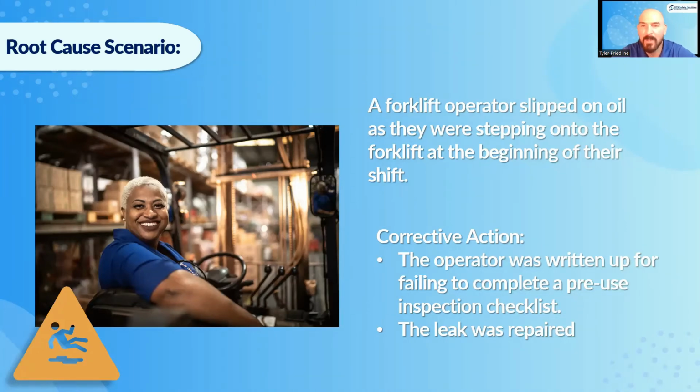The operator didn't complete a previous inspection. That's an unsafe act, right? Well, why wasn't the inspection completed? That's what we really want to ask. The leak was repaired, but they never asked why the leak existed. Again, that's just an unsafe condition. It's not a root cause.